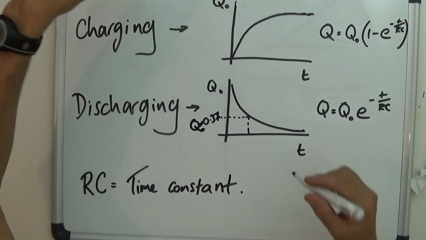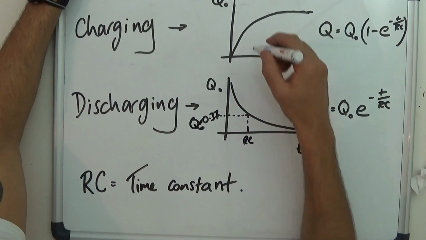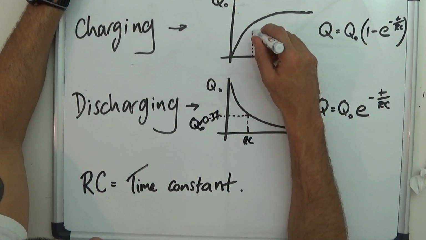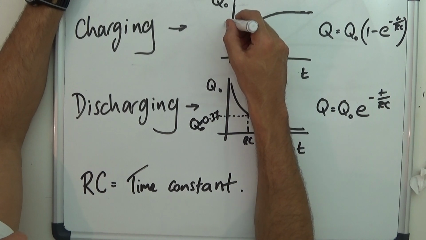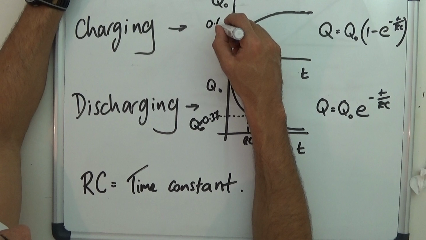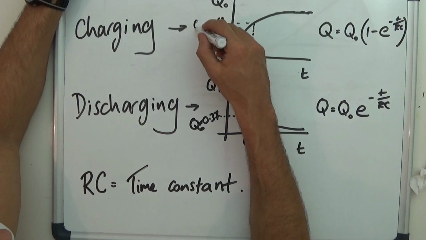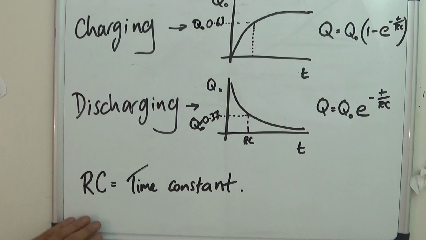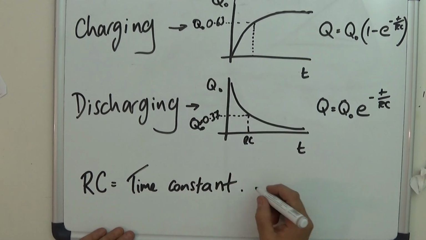But of course, if you think about it, when you're charging, it'll be the time for it to get to 0.63 of Q naught. So there's two key numbers, and you can basically just work this out from the graph. It's very straightforward.